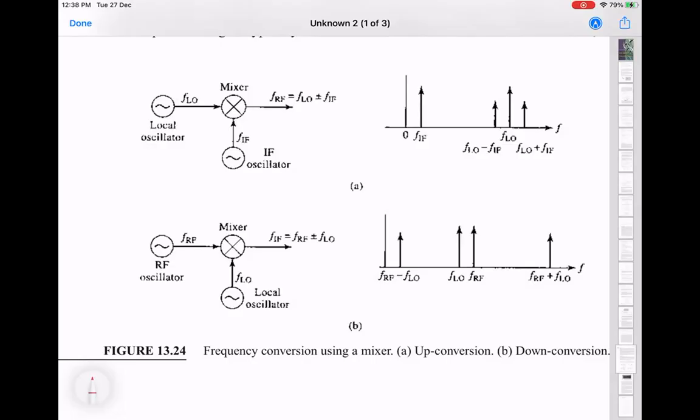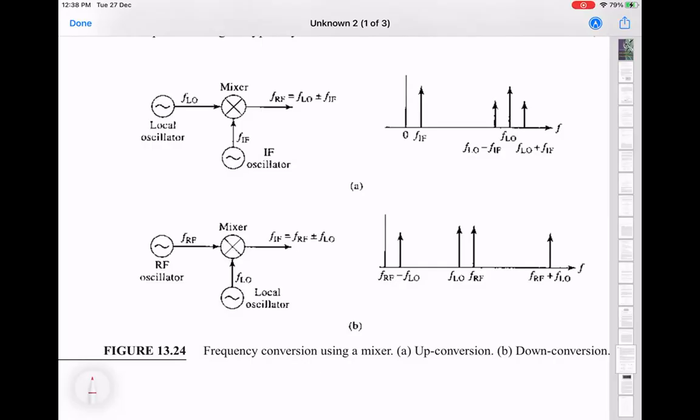And in this, the top figure, it is usually drawn in what we call an up conversion mode. Okay, what this means is that LO and IF are the inputs, and at the output, so remember these are written in terms of frequencies, the output frequency you will get at the RF port is LO plus and minus the IF.